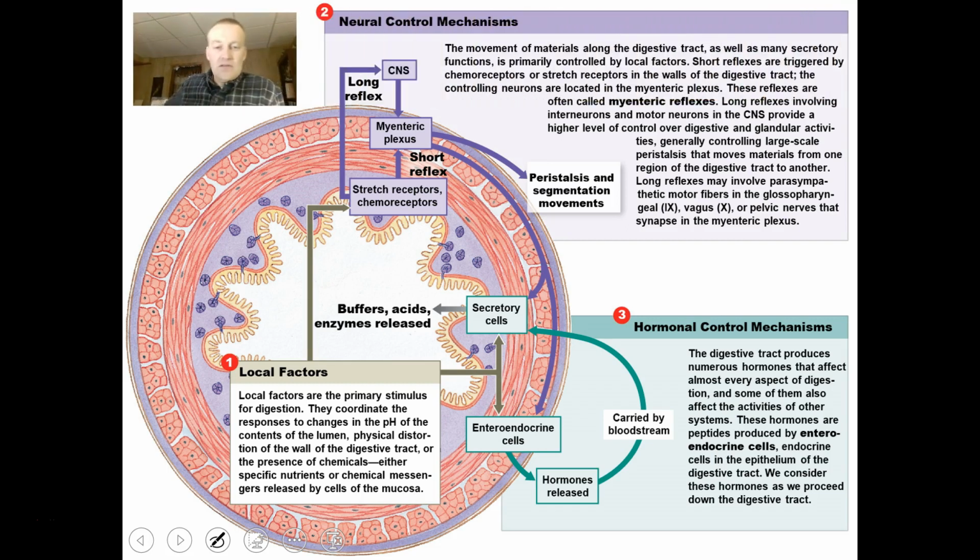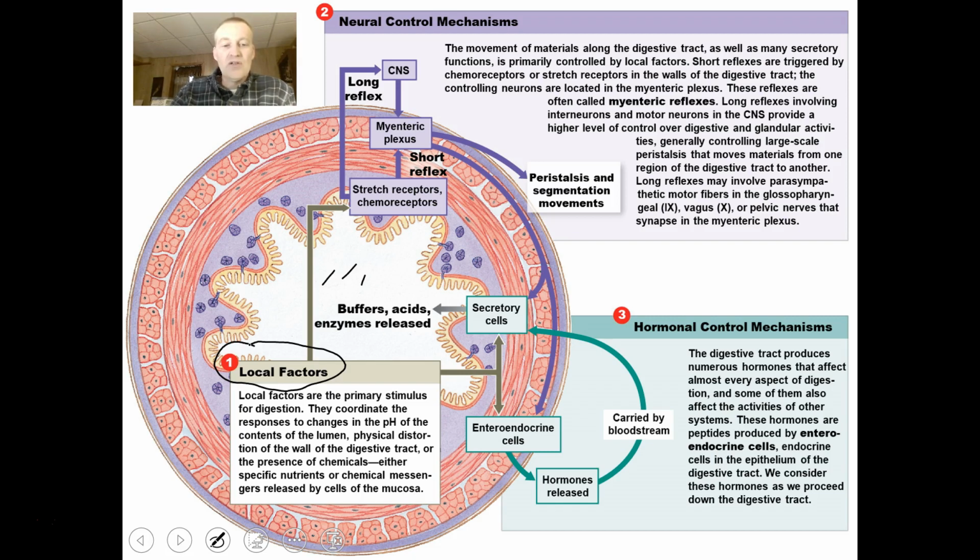Now the alimentary canal all along its length is controlled in many different kinds of ways. This is the lumen of the tube, but there are all kinds of local factors that give signals to various kinds of receptors that the nervous system has planted into this tissue.